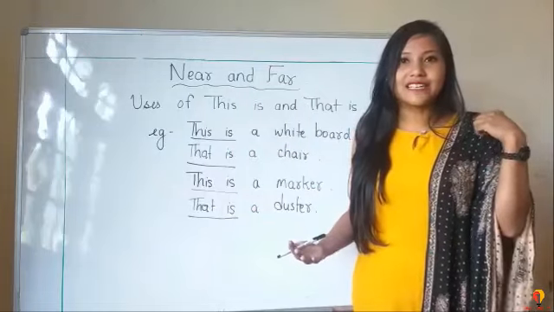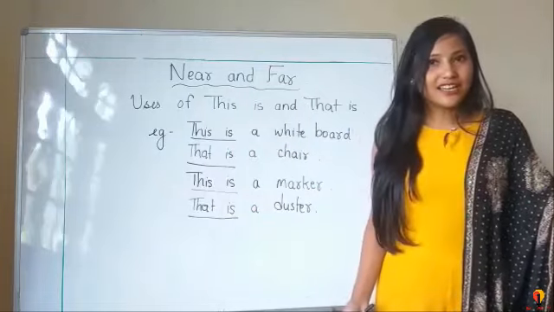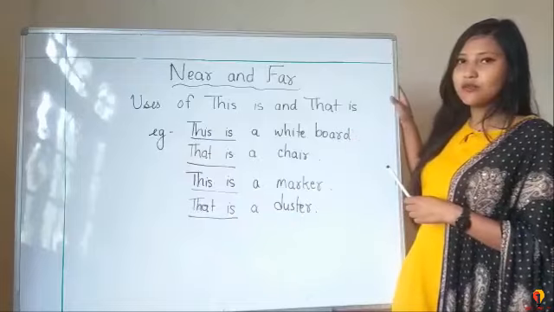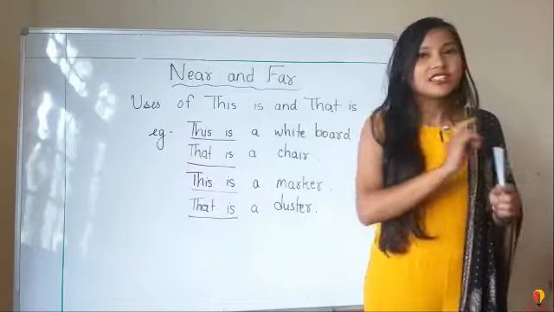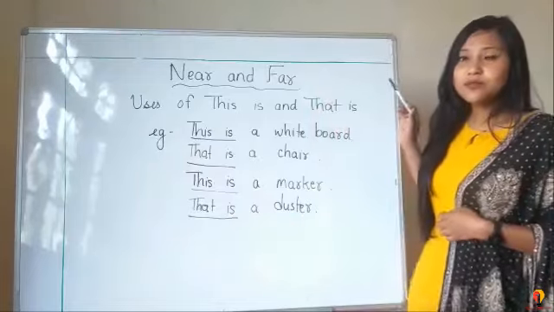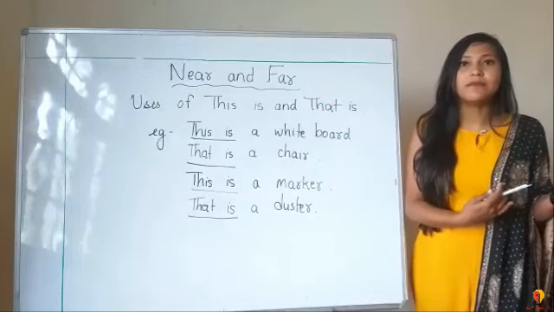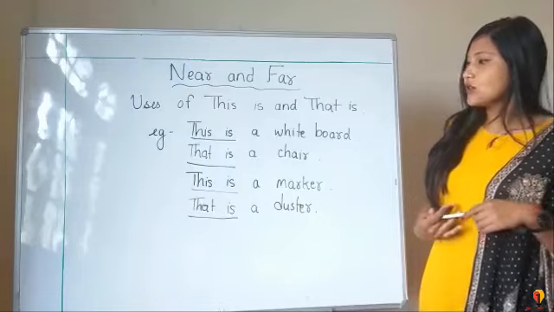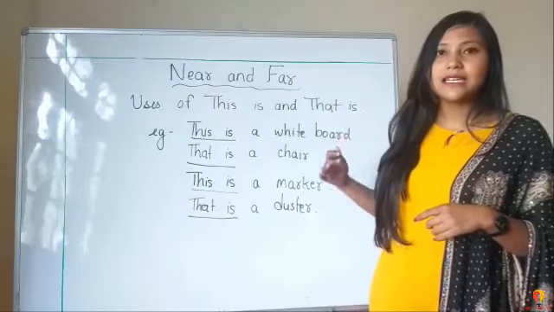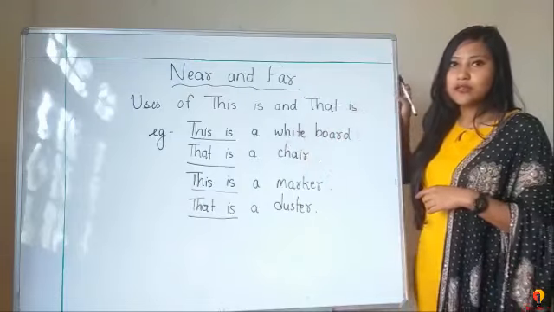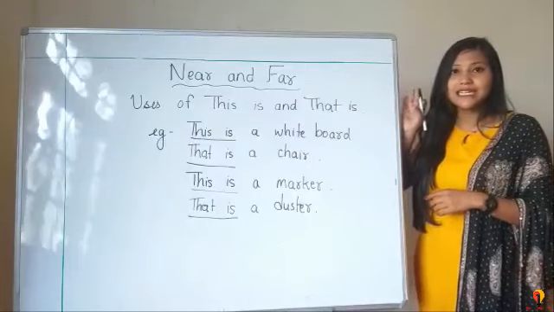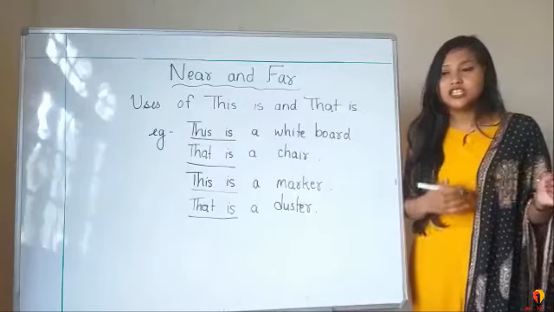So I can say that that is a chair. So this is a whiteboard and that is a chair because the whiteboard is near to us and the chair is far away from me. So because of that, this is used with the whiteboard and that is used with the chair.